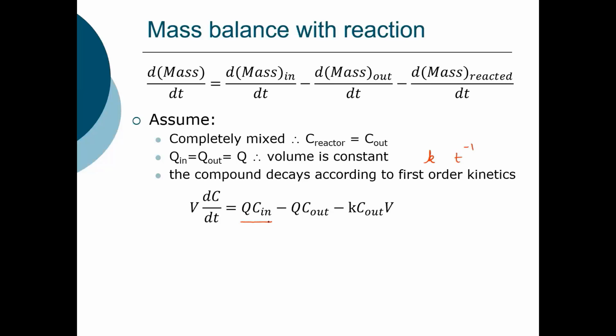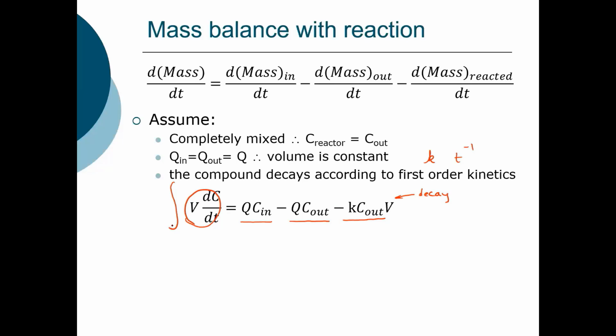Our mass in is equal to Q times C in. Mass out is Q times C out. And because we have decay, this term is negative. It's a net loss. And we've said volume is constant, so we can factor out volume from the differential.